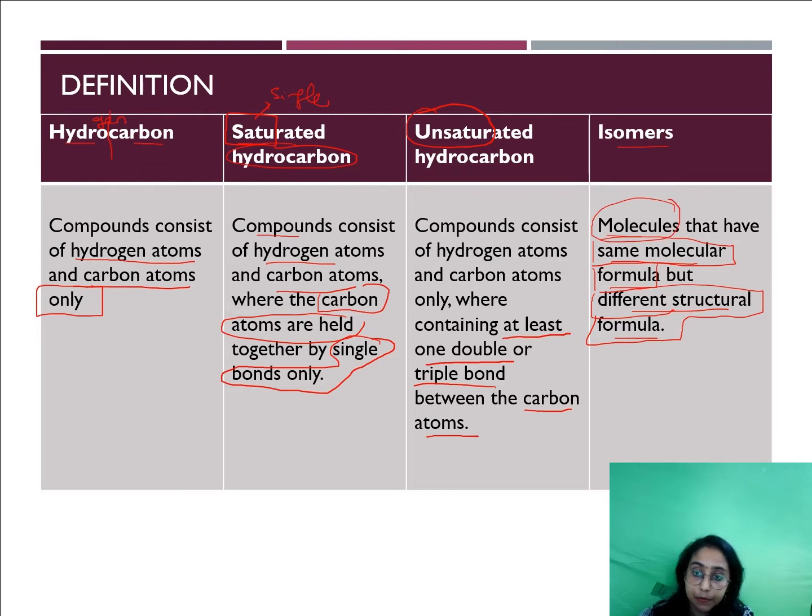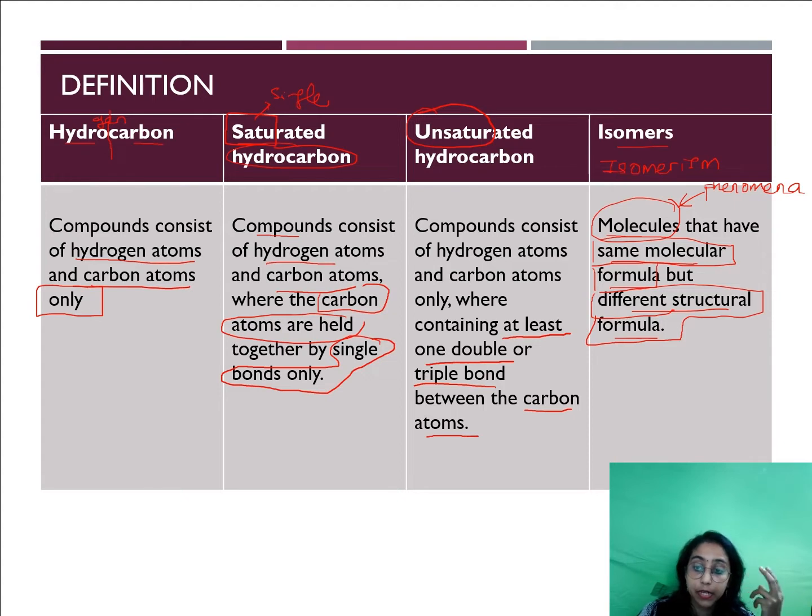There's another term that will also be used, called isomerism. When the question comes out on isomerism, please substitute the word molecules with phenomena. When we talk about isomerism, we are talking about the phenomena where molecules have the same molecular formula and different structural formula.